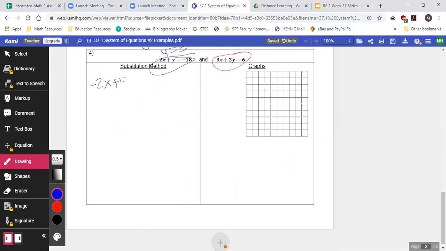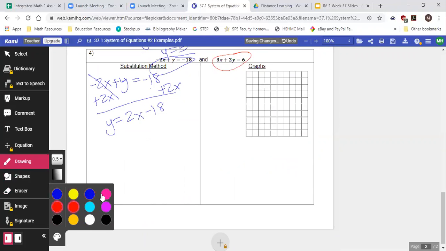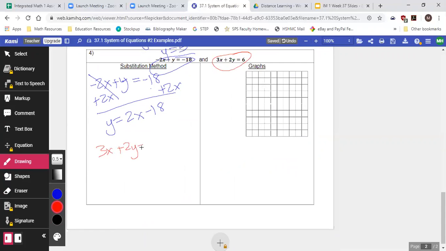So -2x plus y is equal to -18. Add 2x on both sides to get y by itself. Y equals 2x minus 18. Our second equation is 3x plus 2y equals 6. Subtract 3x on both sides.